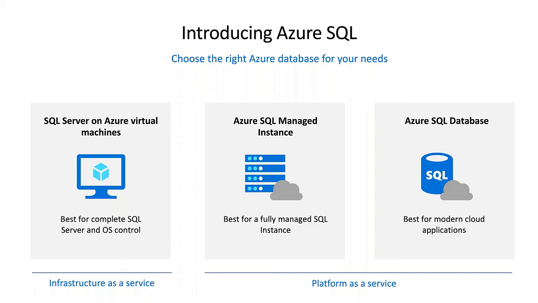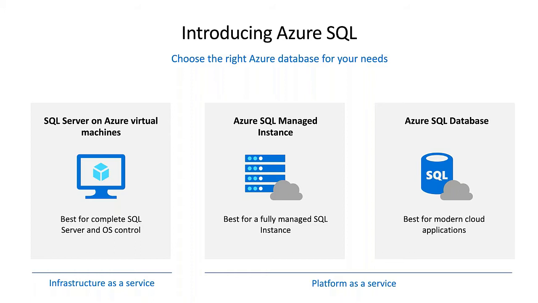There's a workaround to do it, but the performance is really unpredictable. In addition, it's on shared infrastructure. One of the other limitations is that you can't run CLR. If you have any code that uses common language runtime assemblies, functions, or stored procedures, that can't be run in Azure SQL Database. There's also no SQL Agent.